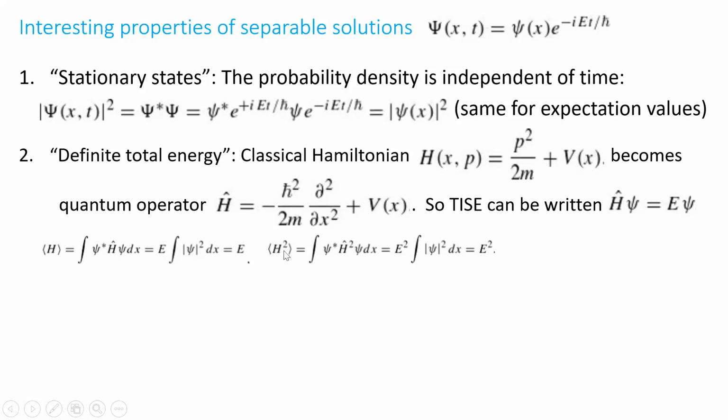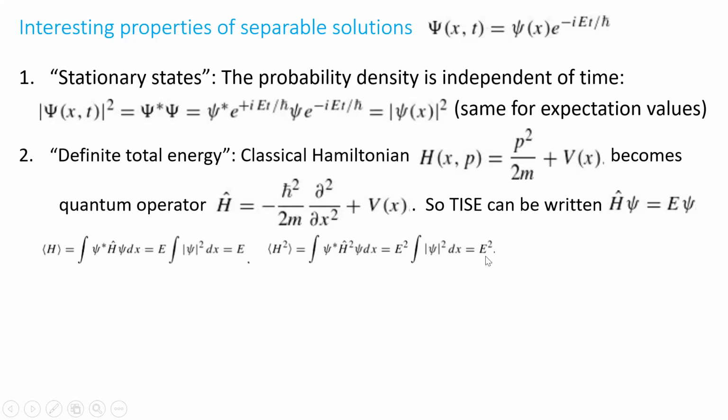Similarly, the expectation value of H squared would be the integral of psi star H squared psi dx. For H squared, we take the first H acting on psi and get E, but then we have another H left, which acts again, giving another E. So we get E squared times the integral of the probability density, which is 1. So we get E squared.